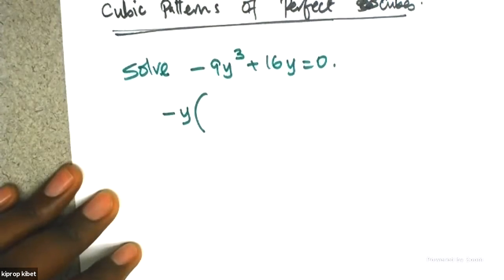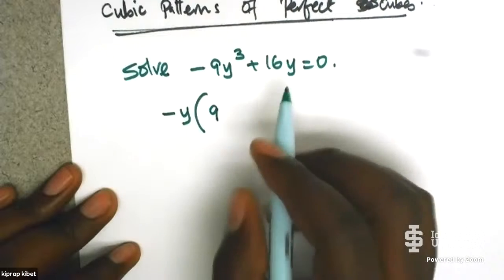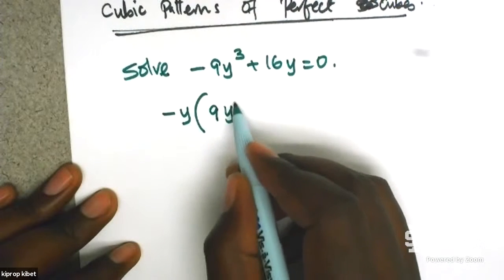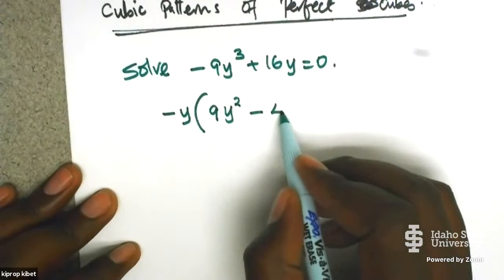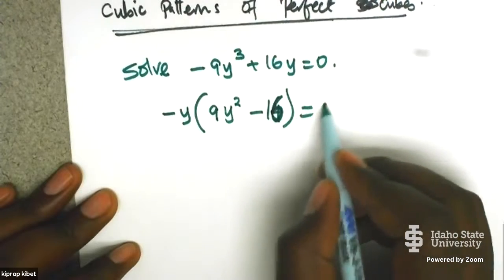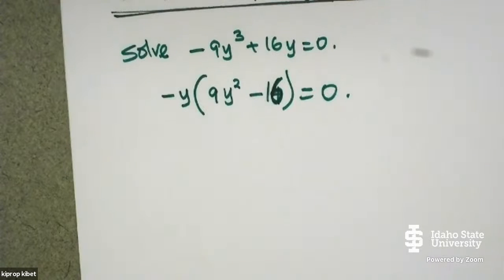What do we get inside? 9y squared minus 16 equals 0. Every time we do this, the negative sign depends on the first number, that determines the negative sign.